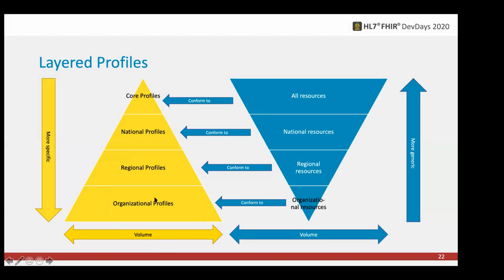So in the end, we will have a lot of use case specific profiles and just a couple of resources that conform to them, but all resources will always conform to the limited set of core profiles that you have out there.